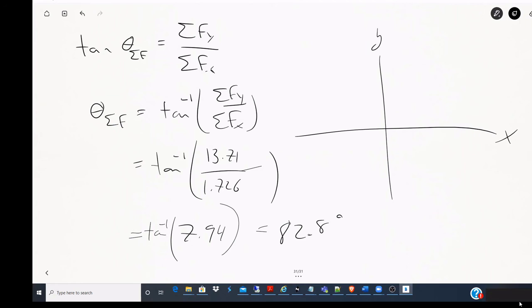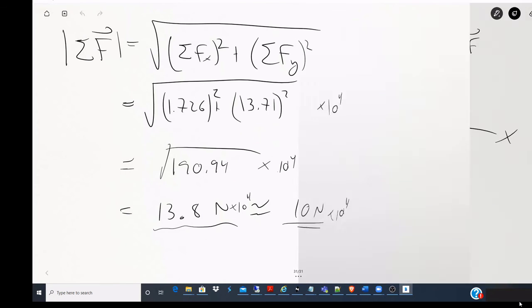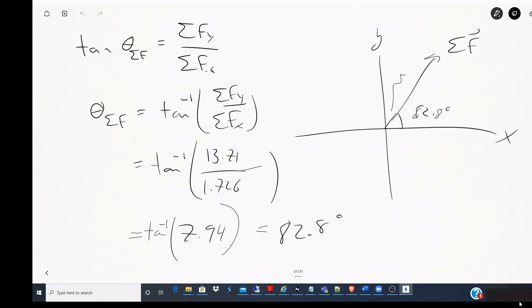And so my net force vector ends up pointing into the first quadrant. It makes an angle of 82.8 degrees, so it's actually much steeper than what I'm drawing here. And it has a magnitude of approximately 13.8 newtons, sorry. And that is the answer to the problem.